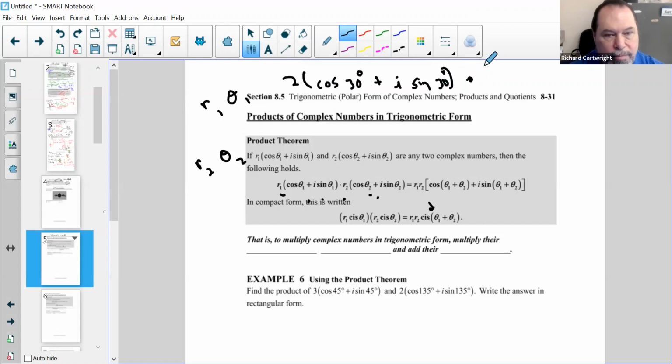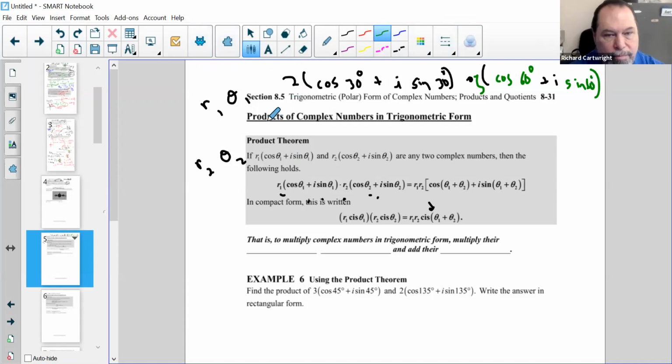You're going to multiply that by, we'll make it a 5 as the R, cosine of 60 degrees, plus i sine of 60 degrees. So you're multiplying two trigonometric form complex numbers.